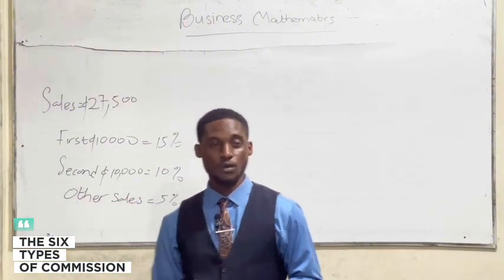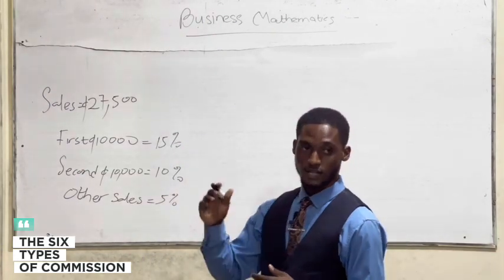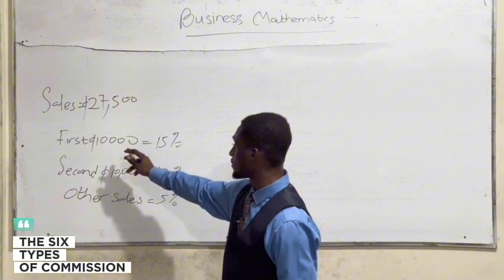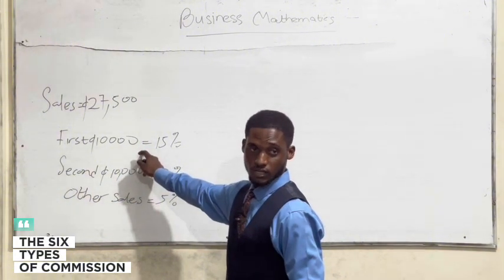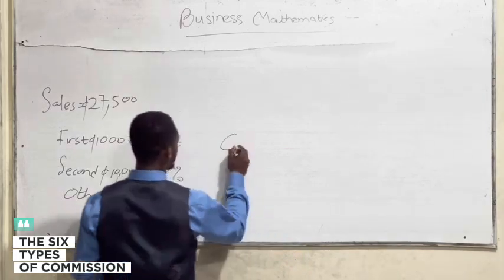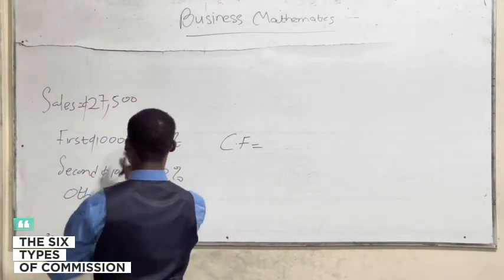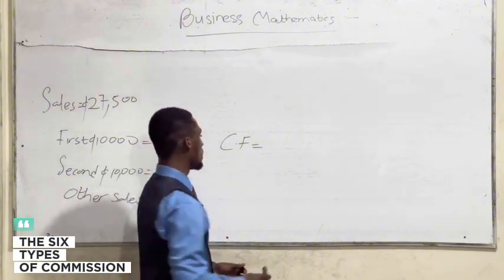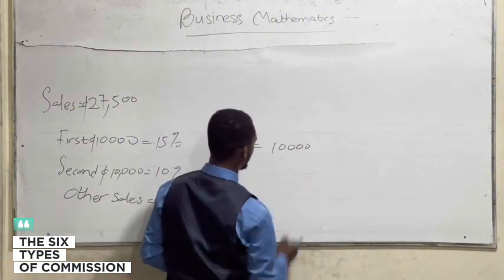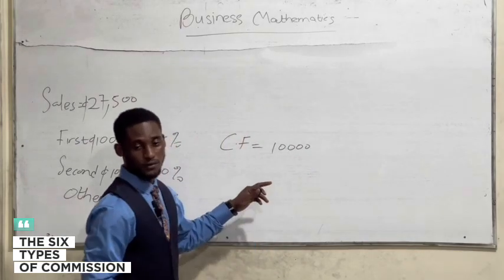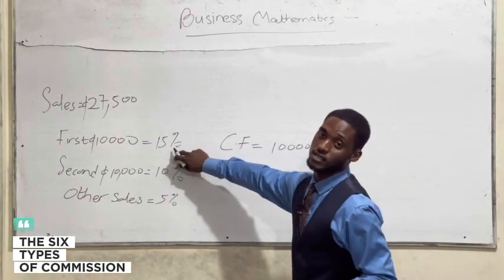So now we are coming to calculate commission in stages, in levels. So you first calculate the commission for the first 10,000 cedis sales made. So of the 10,000 cedis made, you multiply it by its rate.